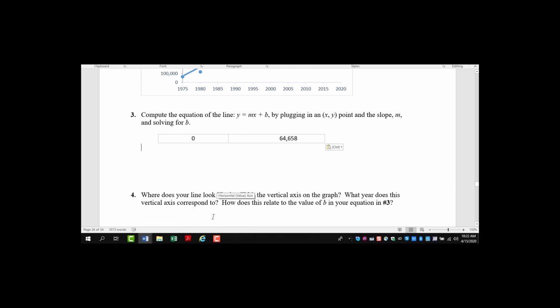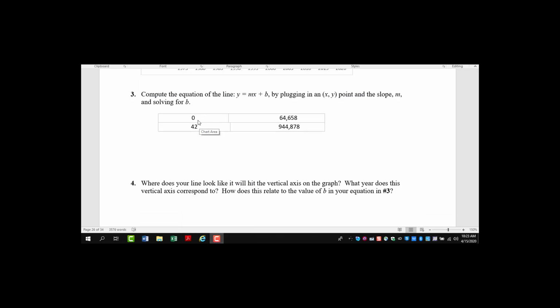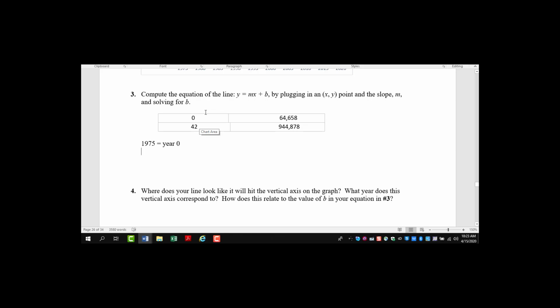So there's our first and last data point. That represents 1975 equals year zero, and you should probably always put that up. So now I'm going to do the slope, which is y2 minus y1 over x2 minus x1. I'm going to put that down here and calculate it. You might want to put it on pause so you can do it.